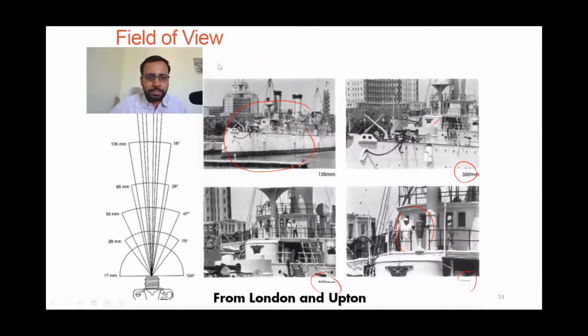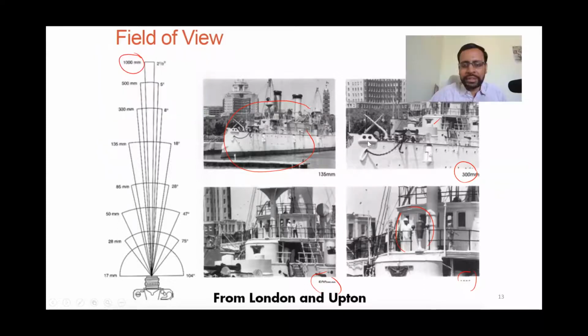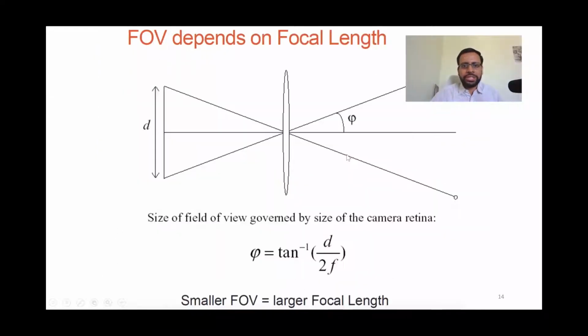Let's see that in more detail. This is essentially the relationship. This is your lens, and on the camera's backside you have the sensor. Let the length over which you are capturing the image be d, so this is d by 2, and this angle is phi, and this is also phi. You can write tan phi equals d by 2f, where f is the focal length.